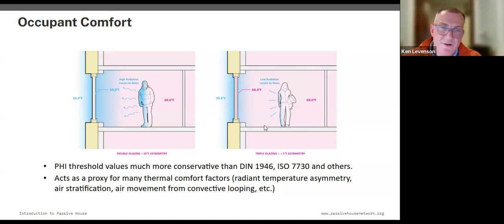And with that calmness, you don't have the convective currents, you don't have the stratification that you do in typical spaces. So you don't need to overcome it with perimeter heating and cooling. You can pull it back to the interior, still supplying those perimeter areas, but not at the exterior wall itself. So the quality of the window that you install is very important.